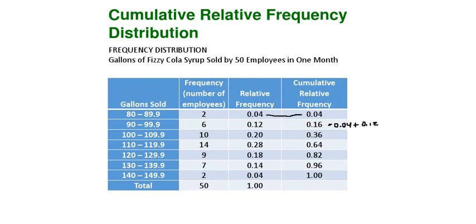We're accumulating an amount. Right here, we're taking our category above, 0.16, and adding the 0.20 to get 0.36 and so on. So this might be helpful in answering a question that says, what percentage of employees sold less than 110 gallons? Then 36%, or a ratio of 0.36, would be the appropriate answer.